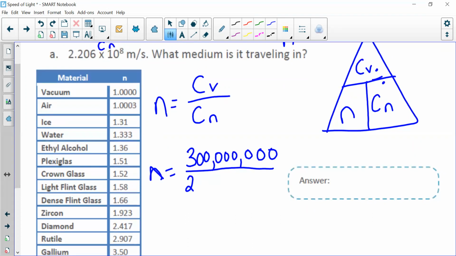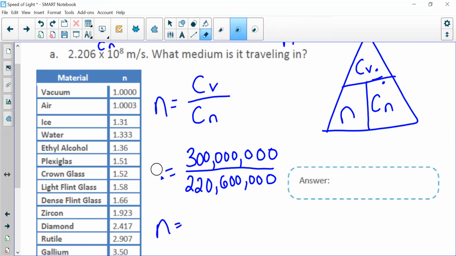Otherwise, that number is 220,600,000 meters per second. So I'll make sure I give it to you both ways because I don't want your calculators to trip you up with this. So this is a quick division, CV divided by Cn.